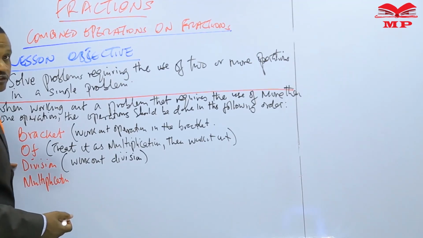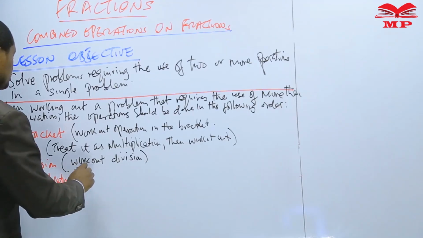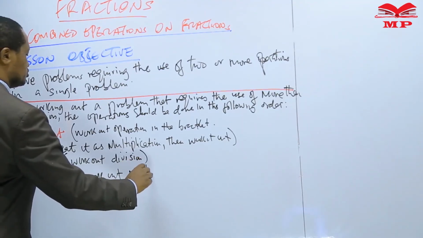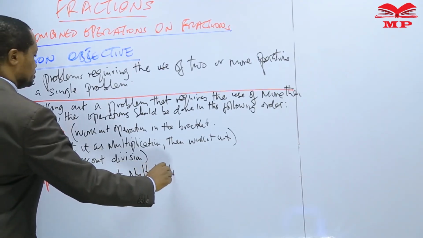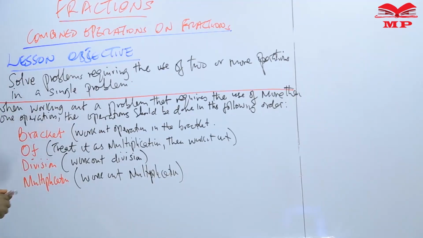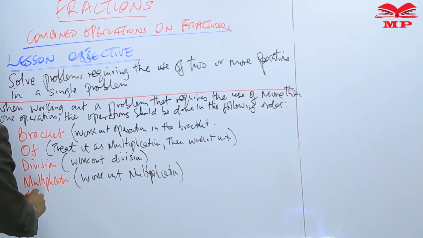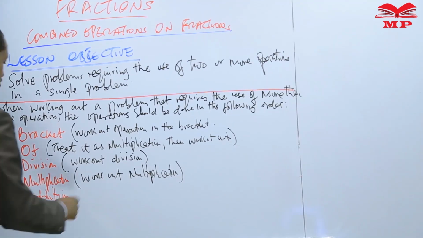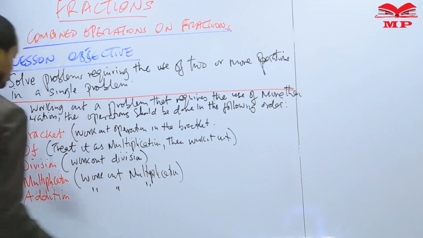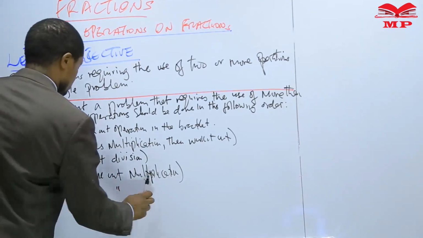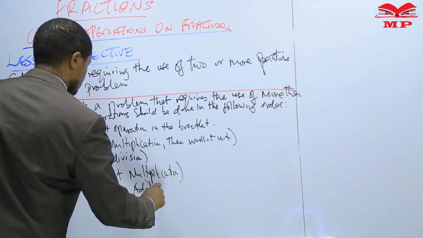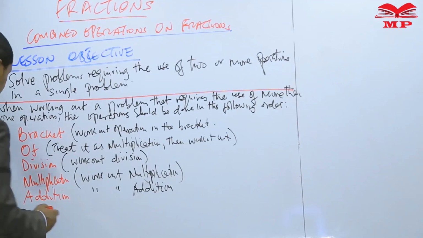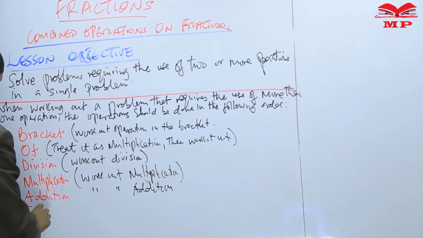After working out division, we will work out multiplication, followed by addition. You likewise work out addition. Then lastly, the last operation is subtraction.